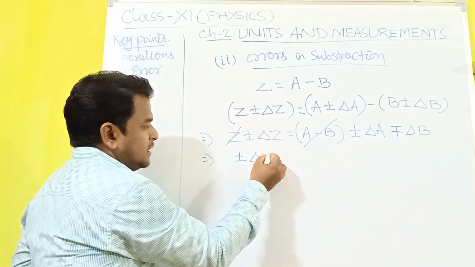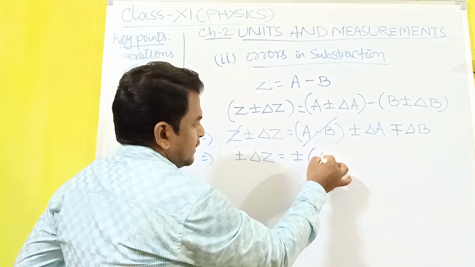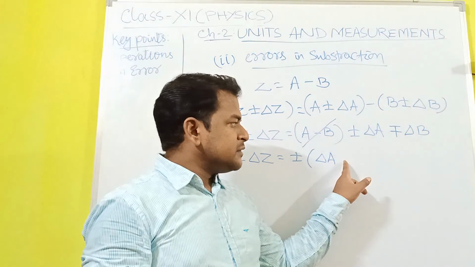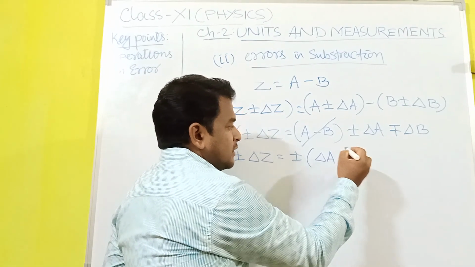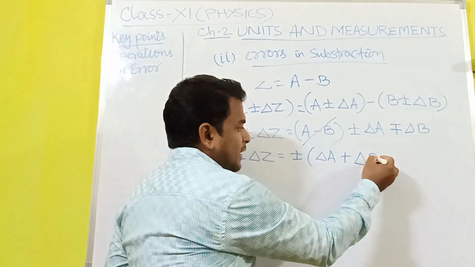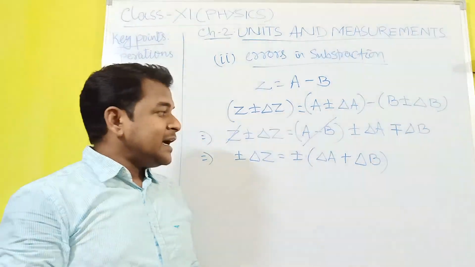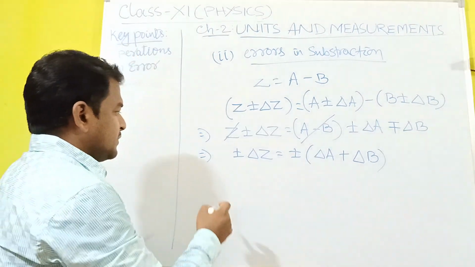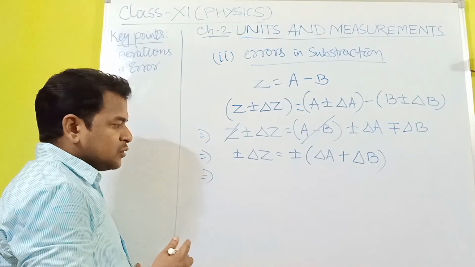Plus minus del Z equal to plus minus, taking common, del A. Here there should be minus, right? But it will be plus. Why? This is very interesting because we know the absolute errors are always positive, right? So plus minus will be cancelled out on both sides.